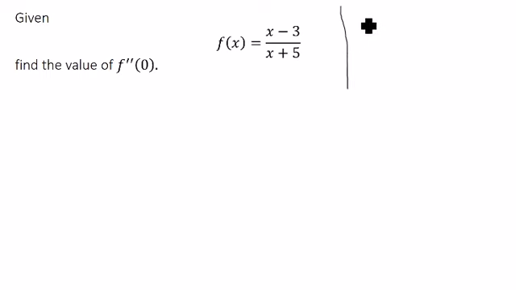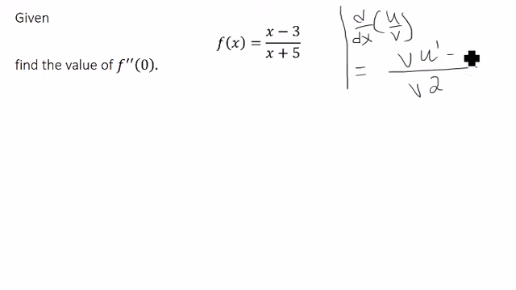So the quotient rule is d over dx of u over v. Again, you might use a different notation, maybe the prime notation, doesn't really matter. And the formula for the quotient rule is v squared in the denominator, and then v times u prime minus u times v prime. The v has a little curly top like that.